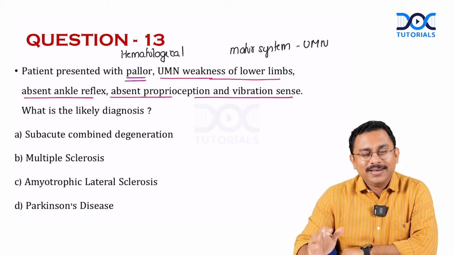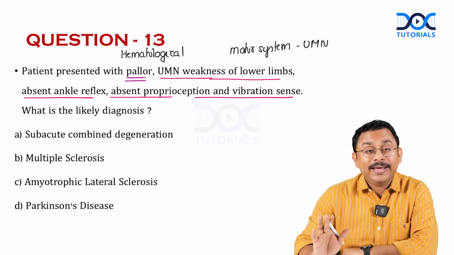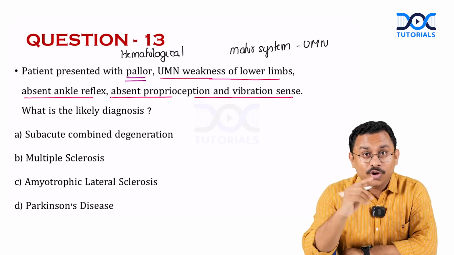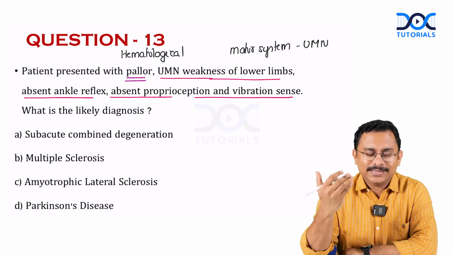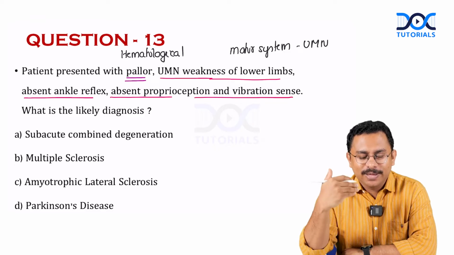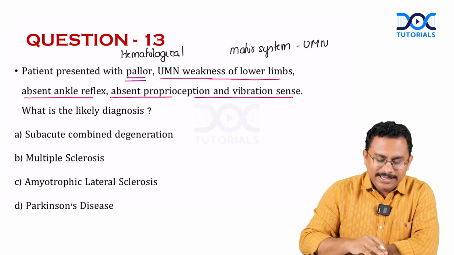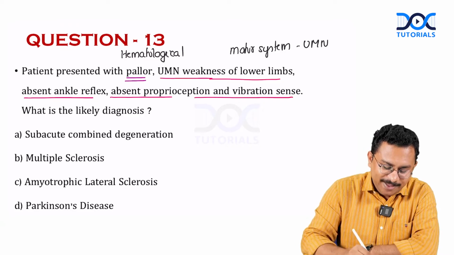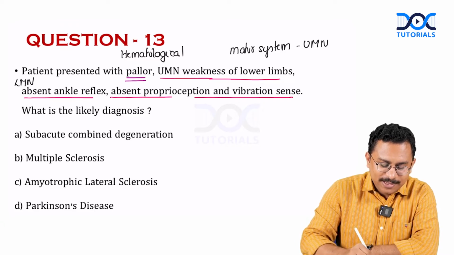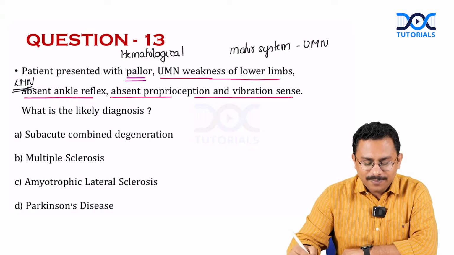But if it is only UMN, will there be an absent ankle jerk? No, you will have exaggerated reflexes. Deep tendon reflexes will usually be exaggerated, but an absent ankle reflex suggests that there is some sort of LMN involvement as well.